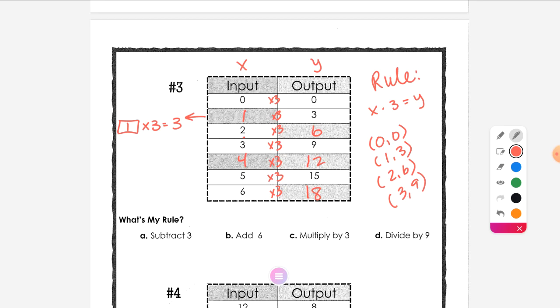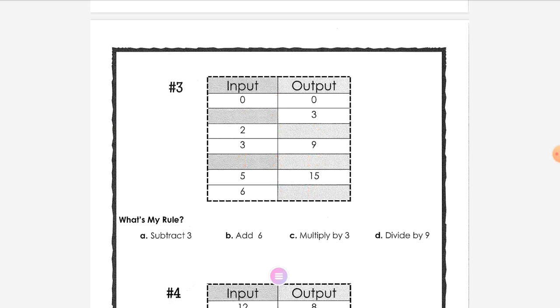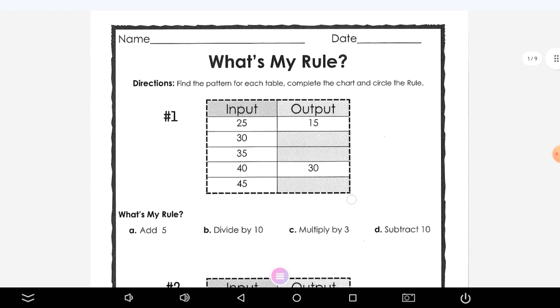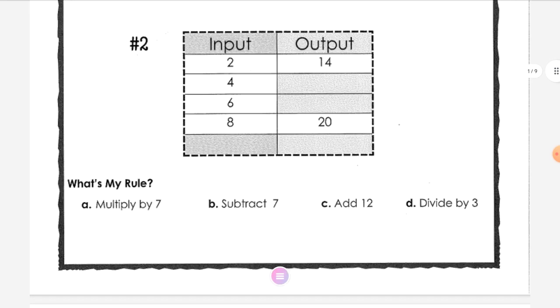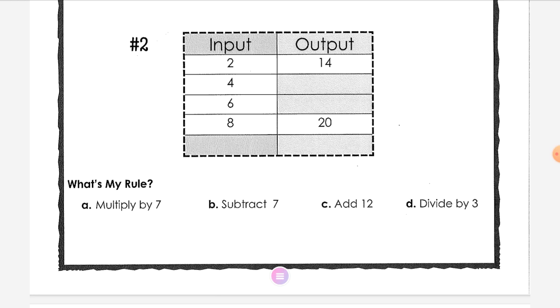Okay. I want you to take a second and try number 2 and 4. Come up with the rule, so the y equals thing, and get the boxes filled in. So try and come up with the rule and fill in the boxes. So Carter, you're trying to do number 2 and number 4.